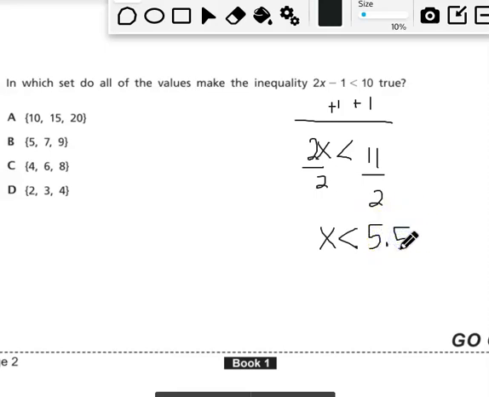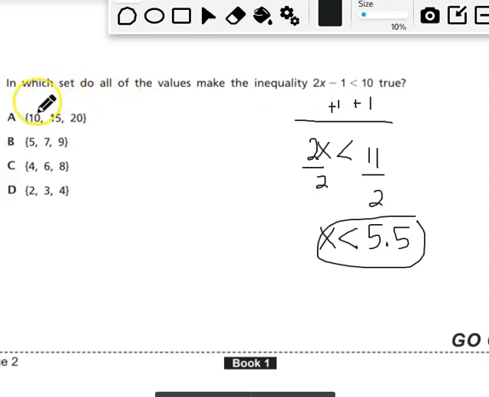So now it says x must be less than 5.5. So which one of these will be true? A, B, C, or D? Which one must be less than 5.5?